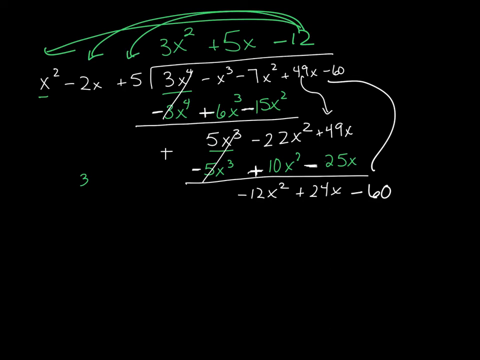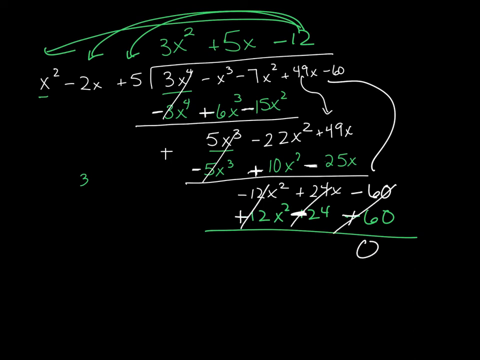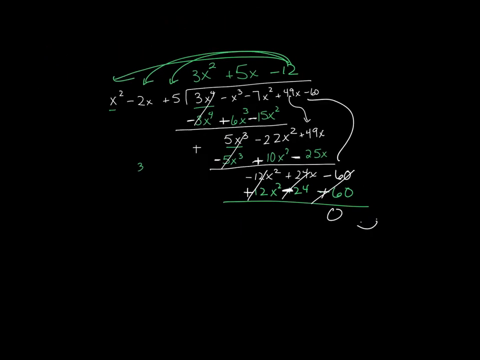When I do that, I'm left with negative 12x squared plus 24x minus 60. And when I go through and change all of those signs, it becomes positive, negative, and positive, and all of that equals 0, which makes us all very happy. Because now we're done with that.